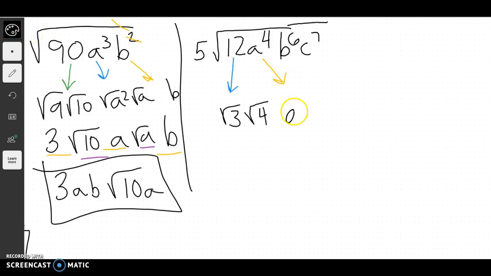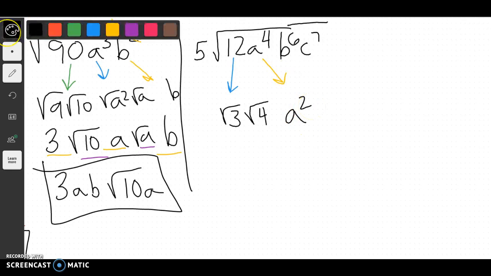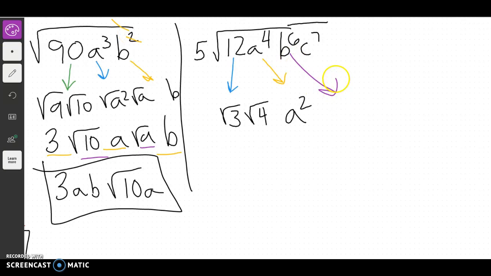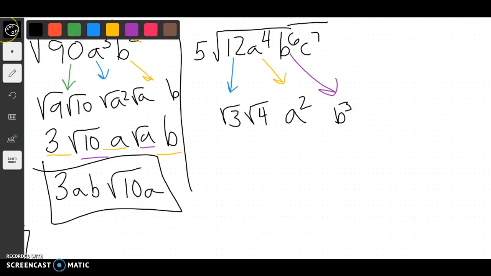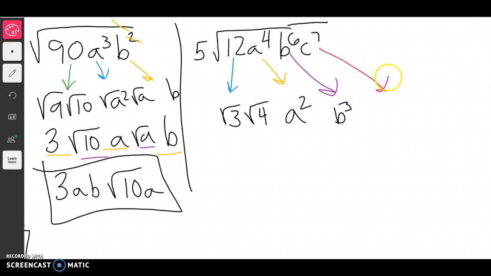Well, a to the fourth we know will become a squared. And then b to the sixth is going to become b to the third. And c to the seventh is going to be radical c to the 6th and radical c.